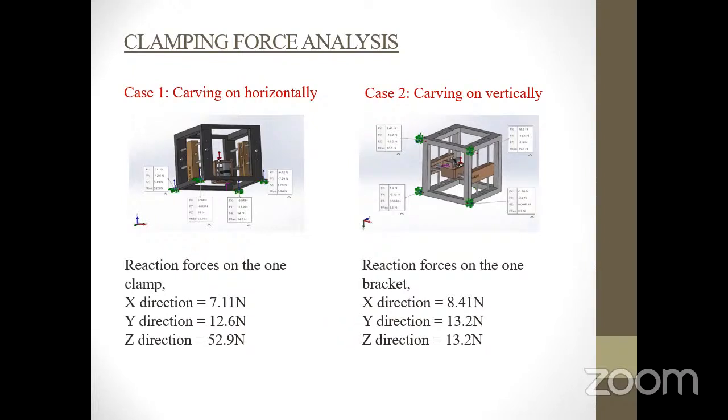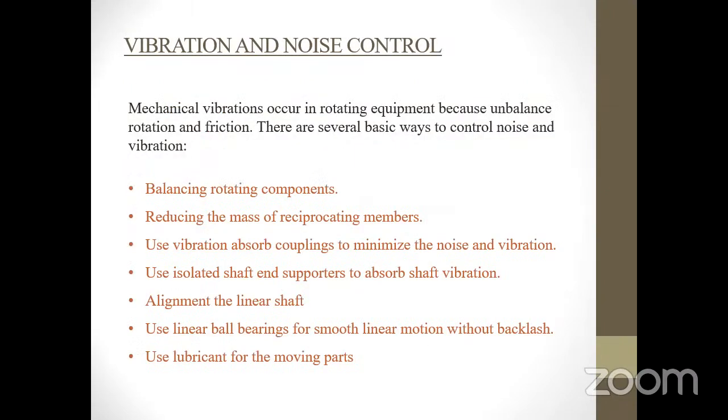For example, for horizontal carving, the x-axis direction force is 7.11 Newton, the y-axis direction force is 12.6 Newton, and the z-axis is 52.9 Newton. It also shows the vertical carving forces. Here we discuss some problems that occurred because of vibration and noise.